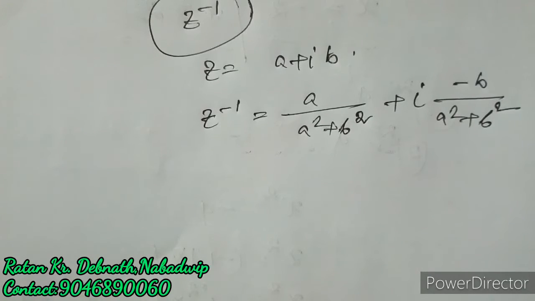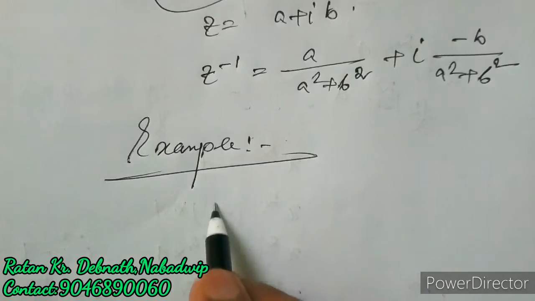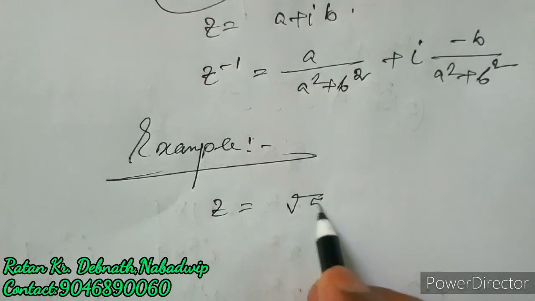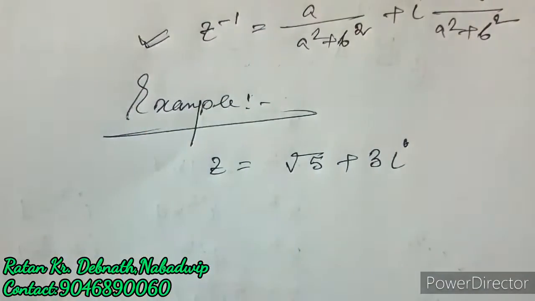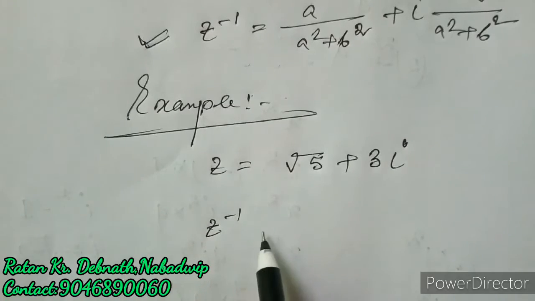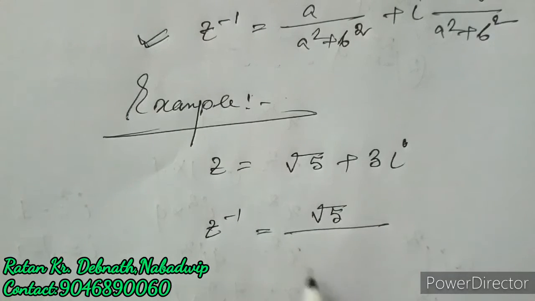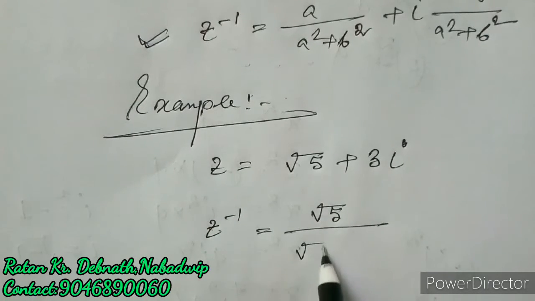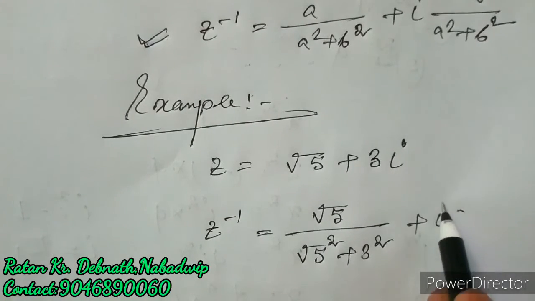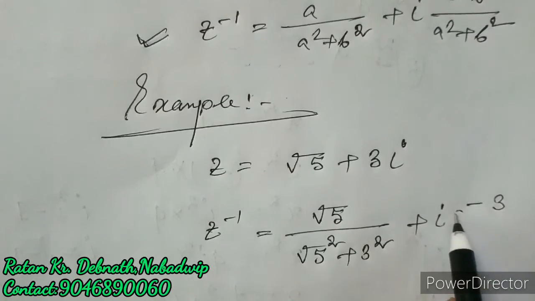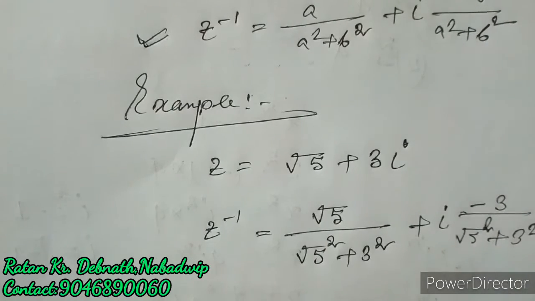Let me give an example to clarify it. Find the multiplicative inverse of z equals root 5 plus 3i. According to this formula, we can write z inverse equal to root 5 by root 5 square plus 3 square plus i into minus 3 by root 5 square plus 3 square.